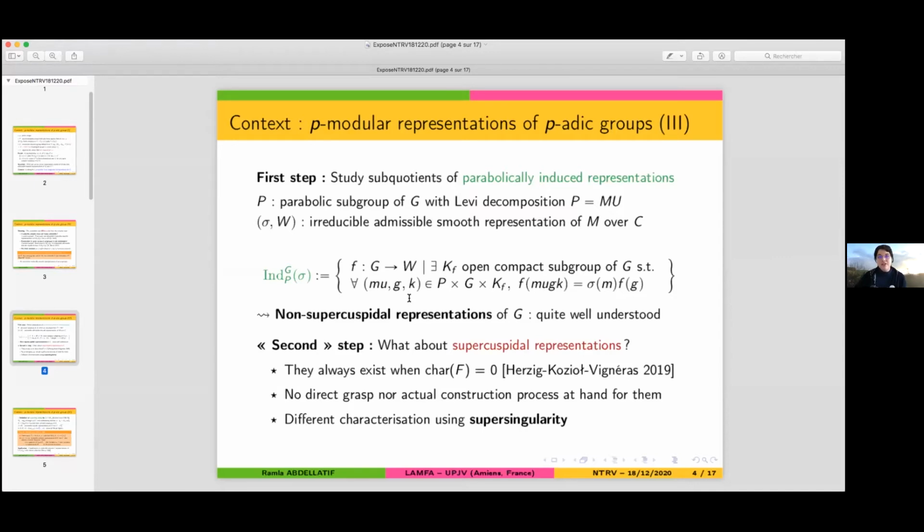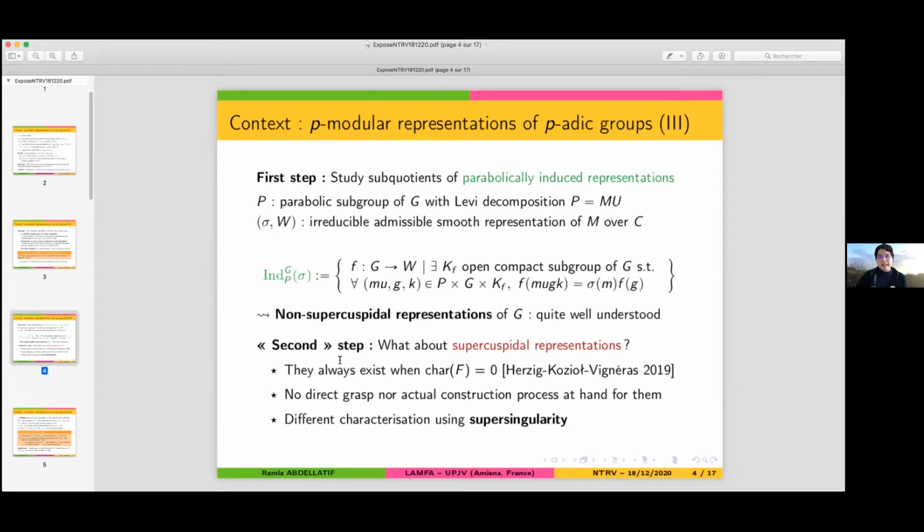So now the question, as in the complex case, is: are there other representations, like supercuspidal ones? The first thing is that it's not obvious a priori that they exist, even if you suspect that they do.